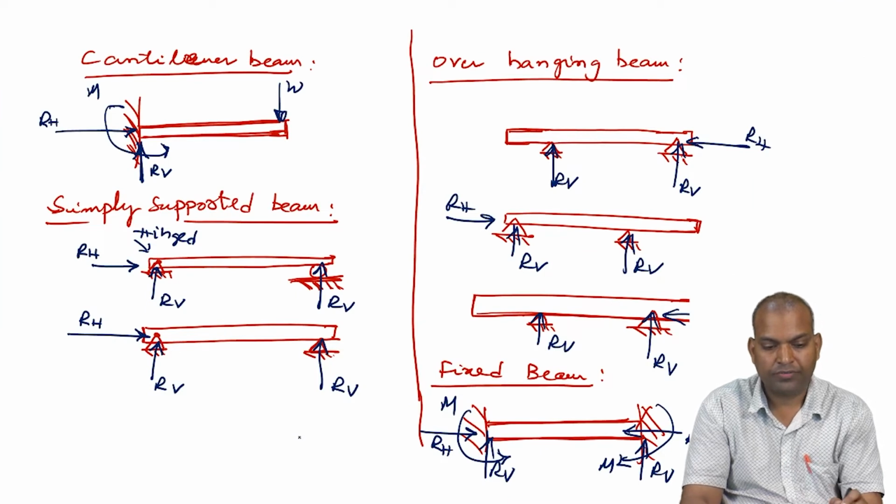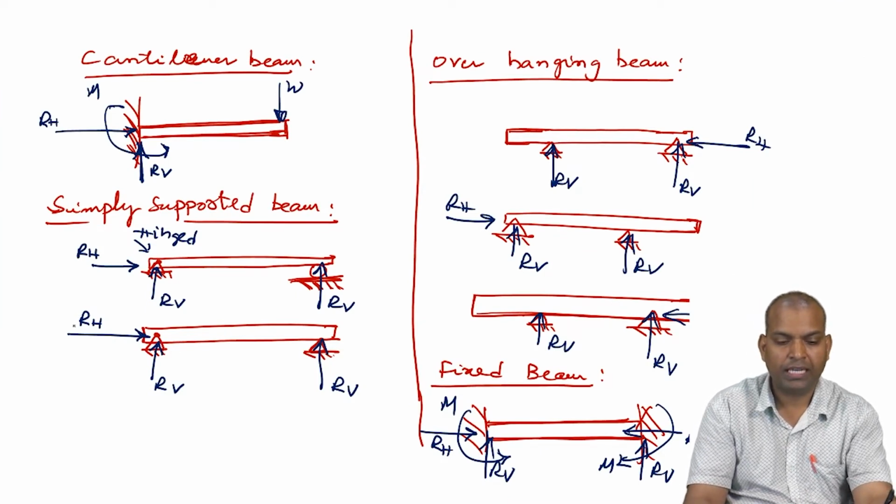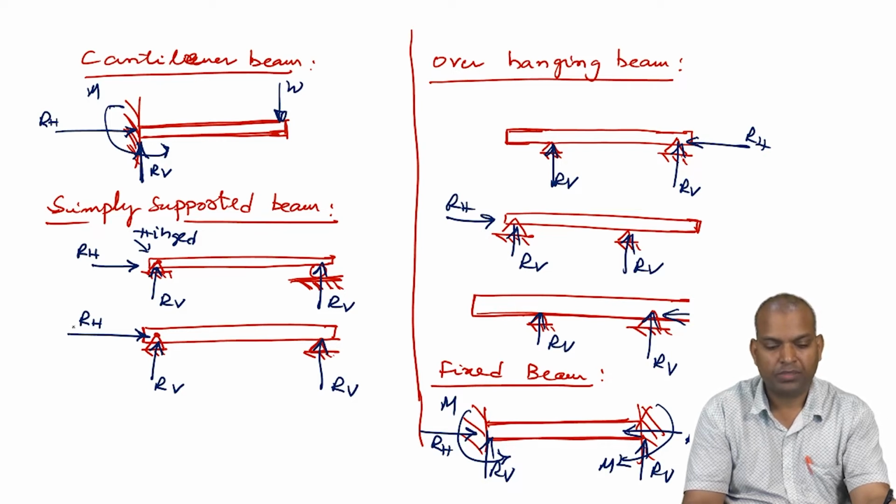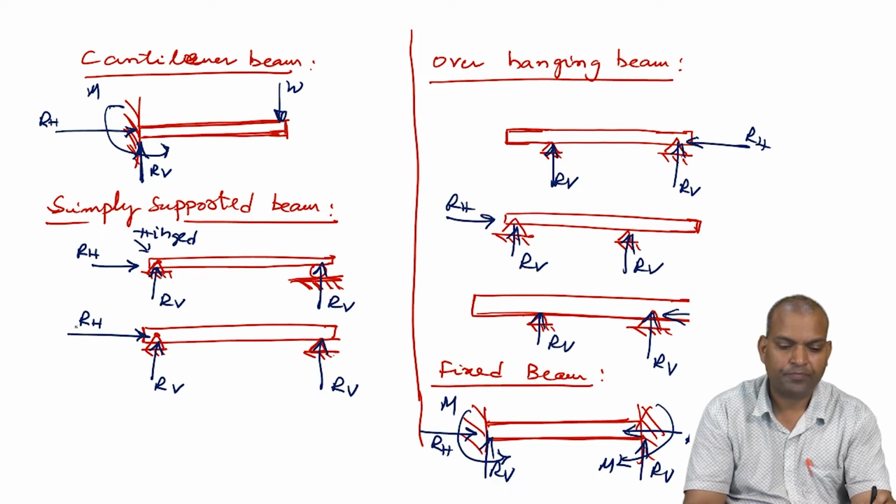These are the things we have studied. These are the definitions. What is a cantilever beam and what is a simply supported beam? What are the types of beams? There are various types of beams, but the prominent types are cantilever beam, simply supported beam, overhanging beam, and fixed beam.